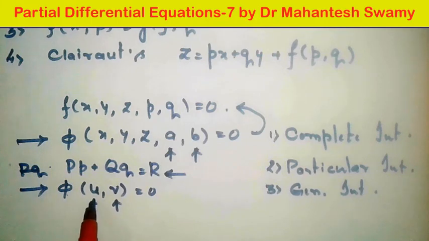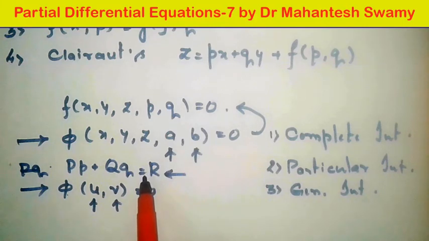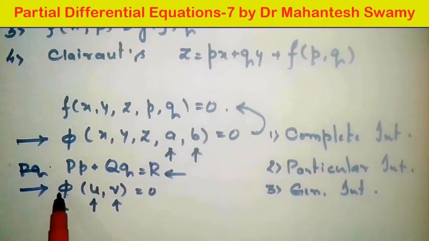Such a solution, where u and v are independent functions of x, y and z, is called the general integral of the given Lagrange linear PDE, Pp plus Qq equal to R. Here phi is an arbitrary function, it is to be noted, and therefore an integral of the given PDE which involves an arbitrary function is called a general integral of the given PDE.